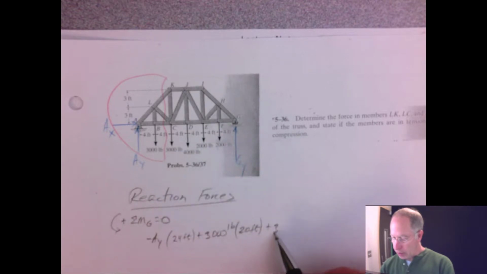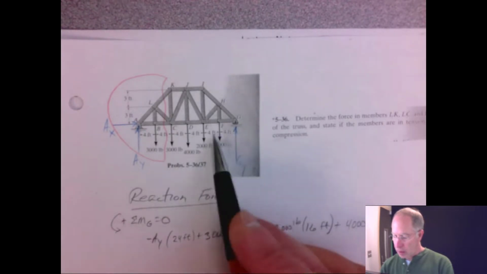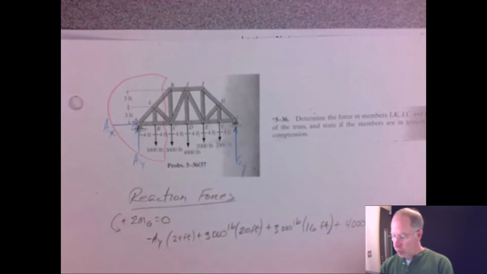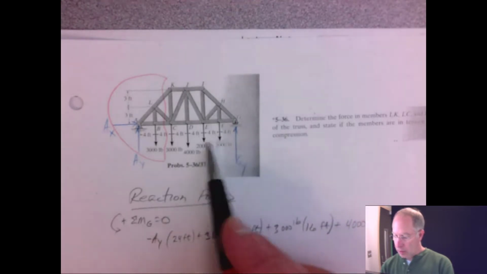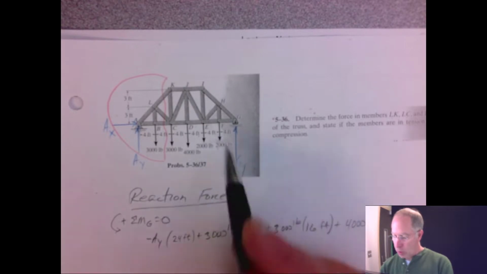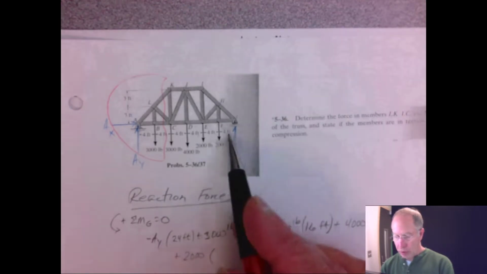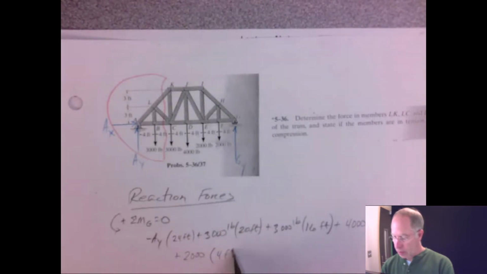Another 3,000 pounds times 1, 2, 3, 4 times 4 is 16 feet. We have a 4,000 pounds, positive rotation, with a moment arm of 12 feet. And a 2,000 pound with a moment arm of 8 feet. And finally another 2,000 pound with a moment arm of 4 feet, equal to 0.